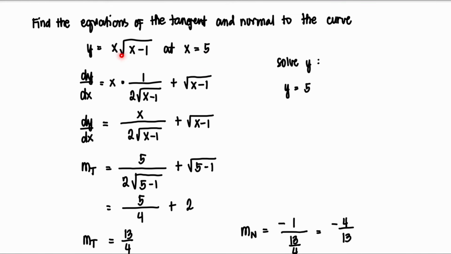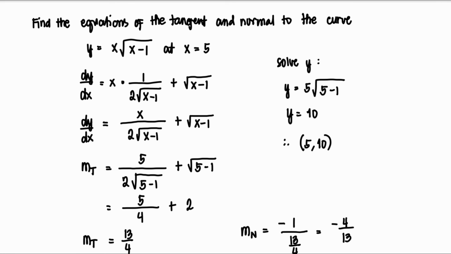So if x is equal to 5, what would be the value of y? So 5 square root of 5 minus 1. Again, 5 minus 1 is 4, square root of 4 is 2 times 5, y is equal to 10. Meaning the tangent line will pass through the point with the abscissa 5 and the ordinate 10.